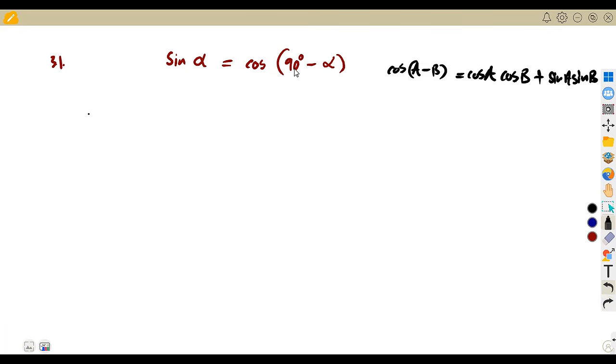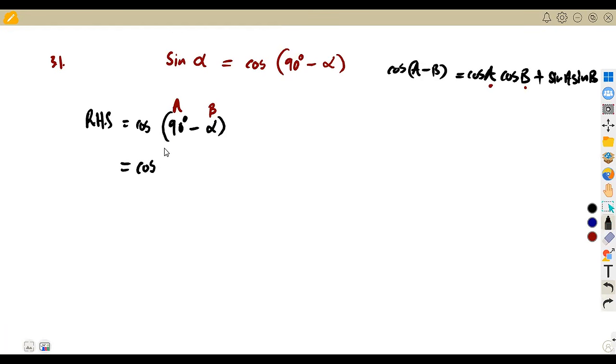Like I said, we are going to work from the right-hand side. From the right-hand side, we are given the cosine of 90 degrees minus alpha. This is our A and this is our B. So if this is cos A, cos B, it is going to be cos 90, cos alpha, the product of the cosines, and this changes to a plus, the product of the sines.